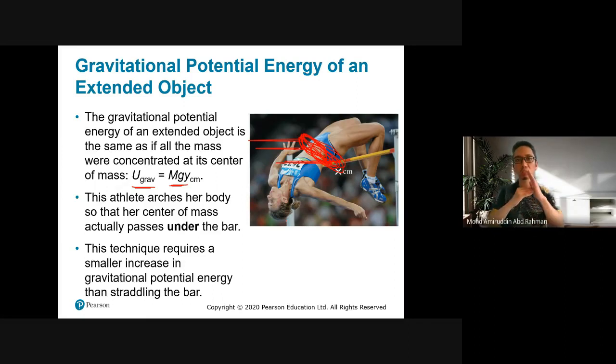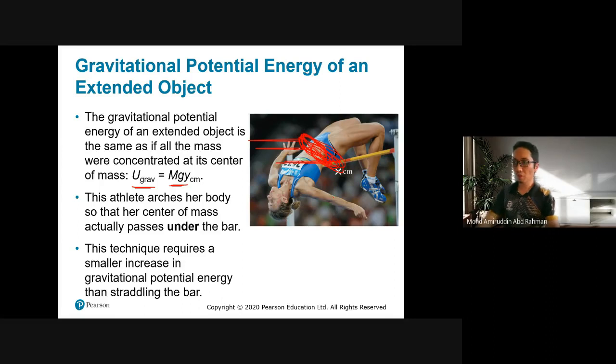Because what he wants to do is to make sure that the center of the body will be able to pass through the pole, or the barrier, at a certain height, because that is where you have the largest potential energy.